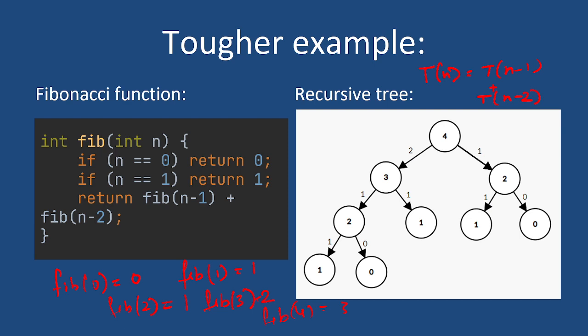A near approximation for this can be, can I say this, T of n is less than 2 of T of n minus 1.